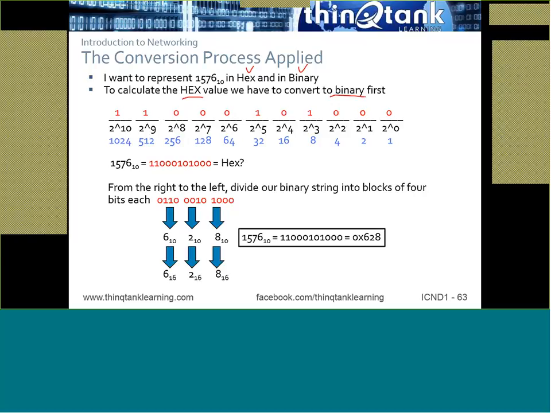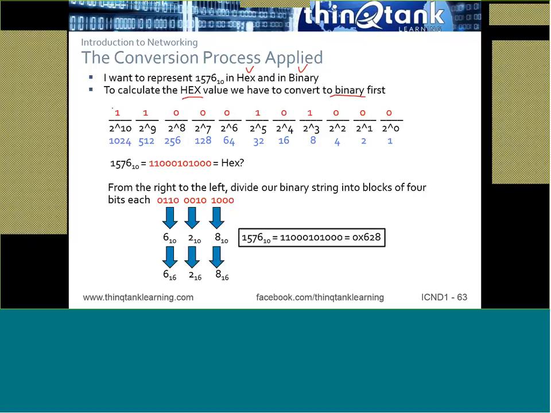So this is not an exercise in learning the math. This is an exercise in understanding the logic. Very important concept. All right? So 1576, I know that I'm going to need 11 bits to represent 1576 because it's greater than 1023. Okay? So obviously the 1024 column is turned on, right?